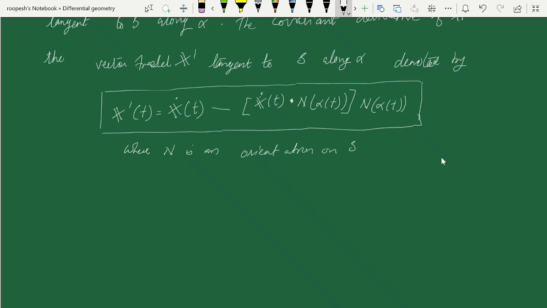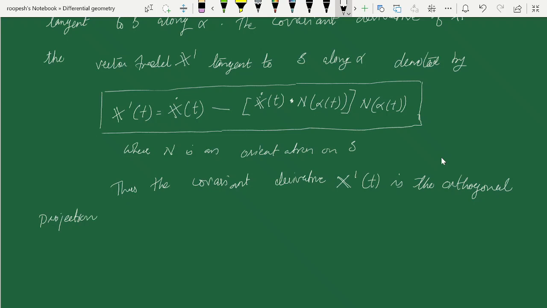Thus the covariant derivative x dash of t is the orthogonal projection onto the tangent space of the ordinary derivative.